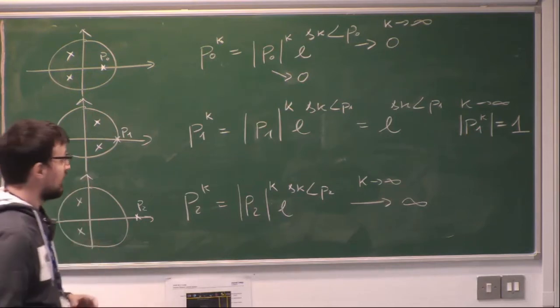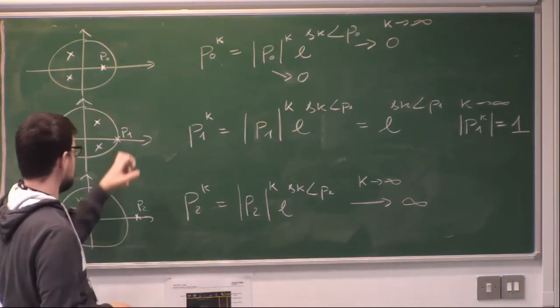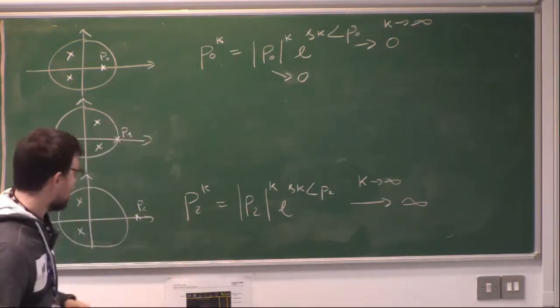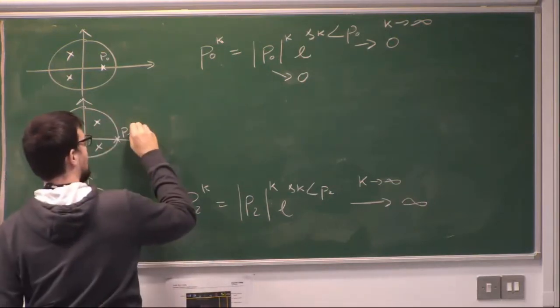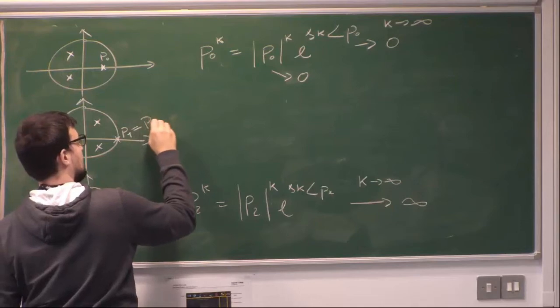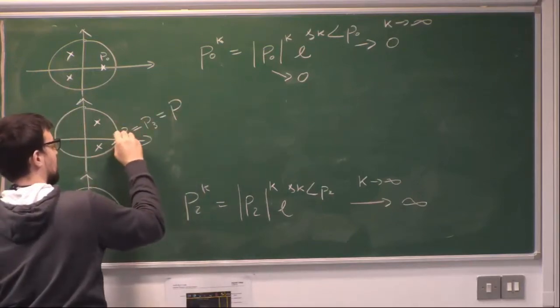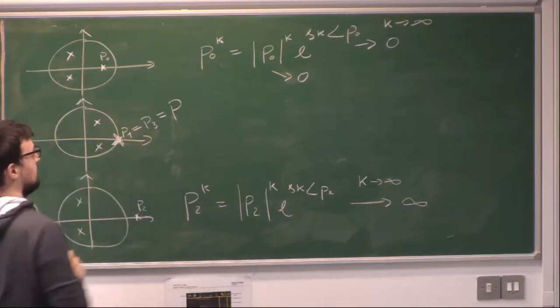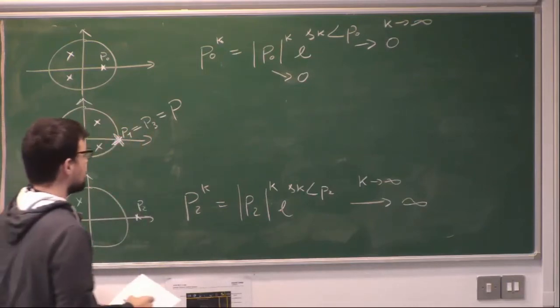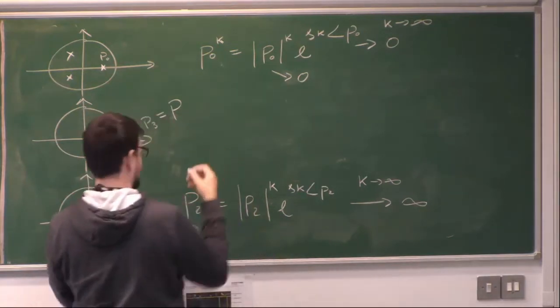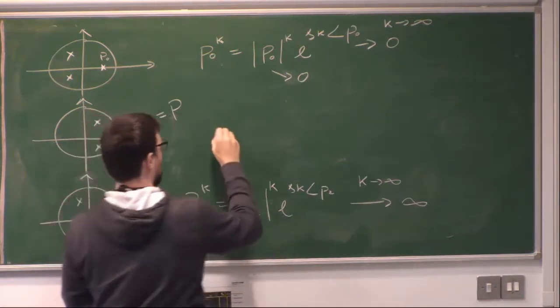There is a fourth case to consider, and it's the case when we have repeated poles here. So what I mean is that now we have that p1 is equal to p3, and we call just this p. Okay? So here we have two poles in the same point. So what happens is that this is associated to a Z transform of this type.